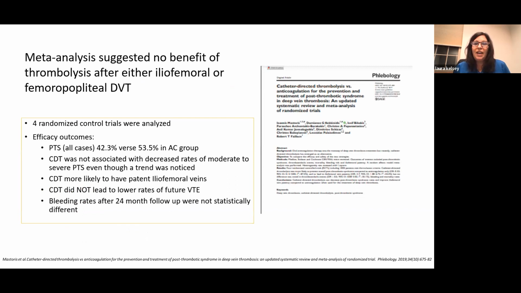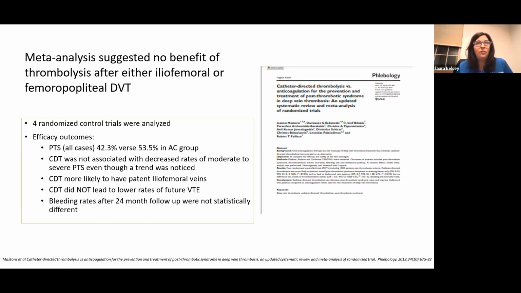Now, in follow-up to that, the Journal of Phlebology in 2019 released a meta-analysis suggesting no benefit of thrombolysis after either iliofemoral or femoral-popliteal DVT. This looked at 4 randomized controlled trials, and post-thrombotic syndrome was 42% versus 53% in the anticoagulation group. The lytic therapy was not associated with decreased rates of moderate to severe disease, although there was a trend noticed.